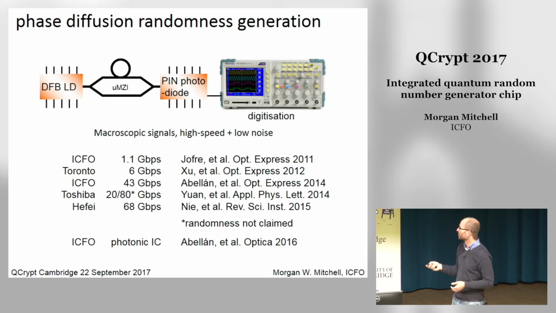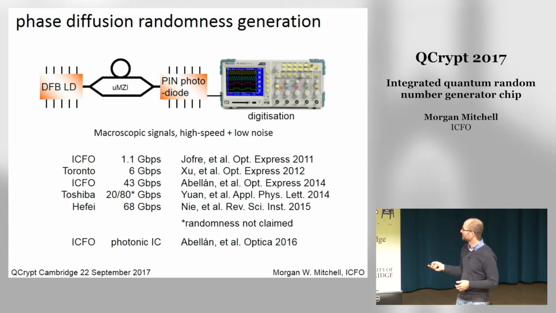So 1.1 gigabits per second in 2011. Then Hoi-Kwong Lo's group got 6 gigabits per second. And then we got up to 43 gigabits per second. Andrew Shields at Toshiba has either 20 or 80. They don't actually claim that this one is sufficiently randomized in phase to be random, but they still have some nice numbers.